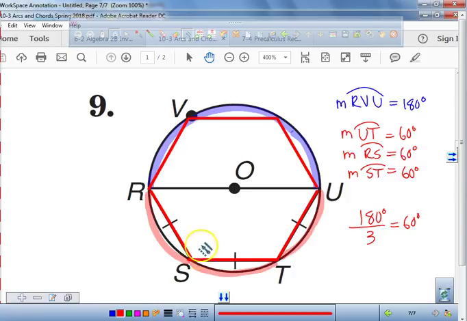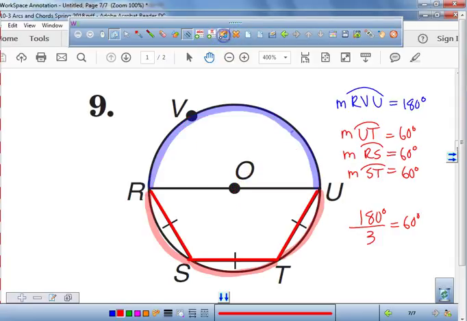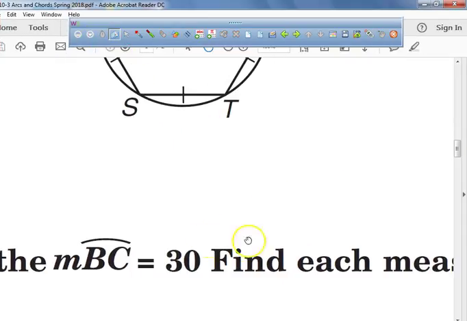And when you have a regular hexagon, what do regular hexagons always break into? Not just triangles. 6 equilateral triangles. And all equilateral triangles have angles of 60, 60, 60. Now, you didn't have to look at it that way, but that's just one way to look at it. Plus, I just like drawing this board.